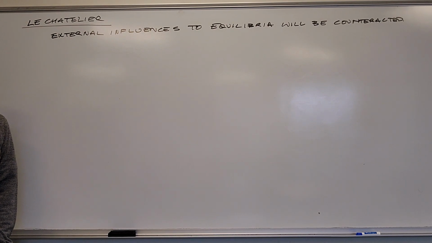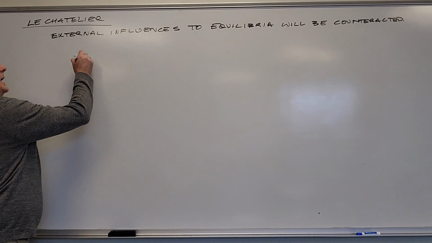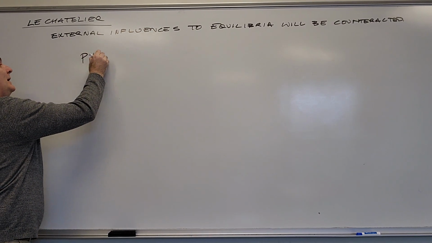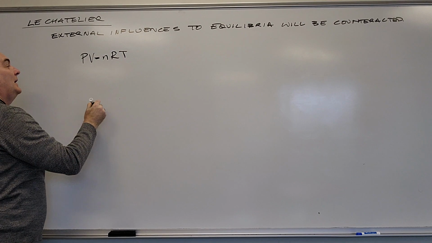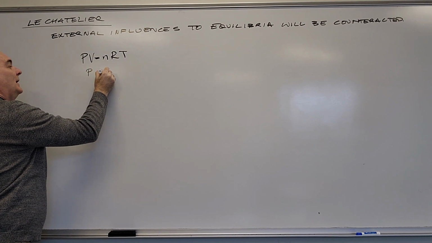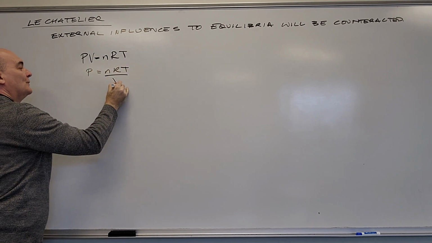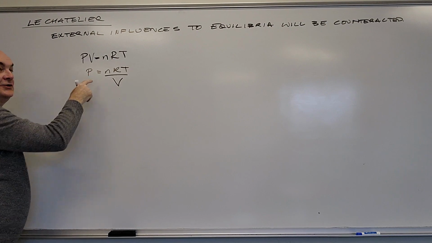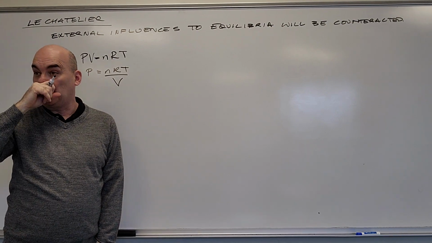Whenever you change volume, you decrease or increase pressure. They're inverse of each other. So PV equals nRT, which means that P is nRT over V. Volume and pressure have an inverse relationship.